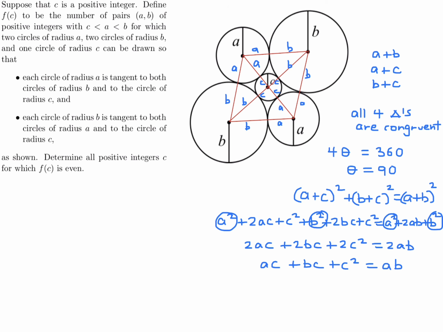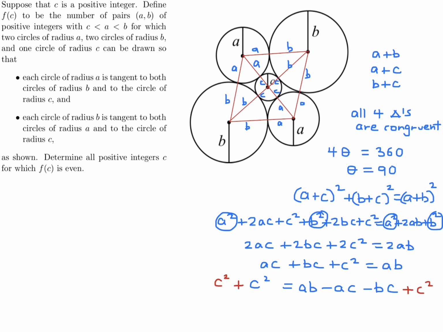And then what you can do is a little bit of fancy algebra, nothing super fancy, but you can first isolate for c squared. And when you do, you get c squared is equal to ab minus ac minus bc, like that. And then you can put in a little bit of fanciness where you put a c squared here and then put a c squared here.